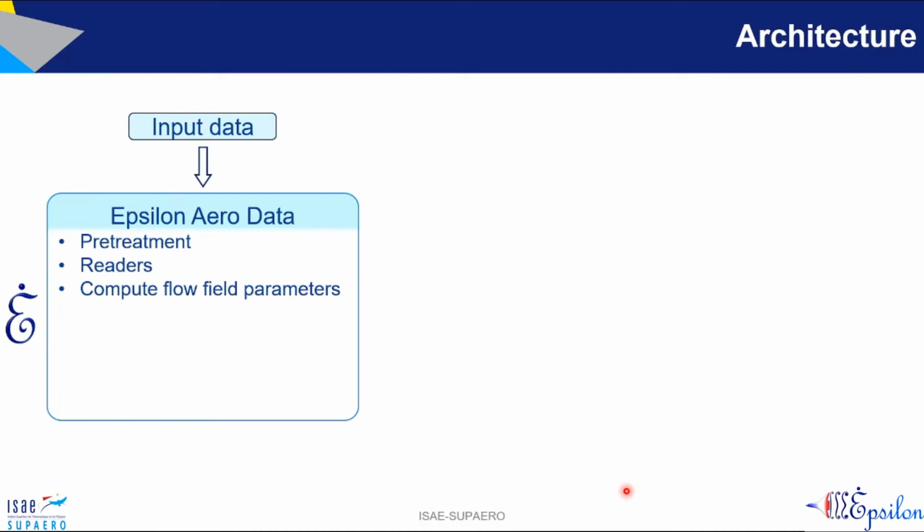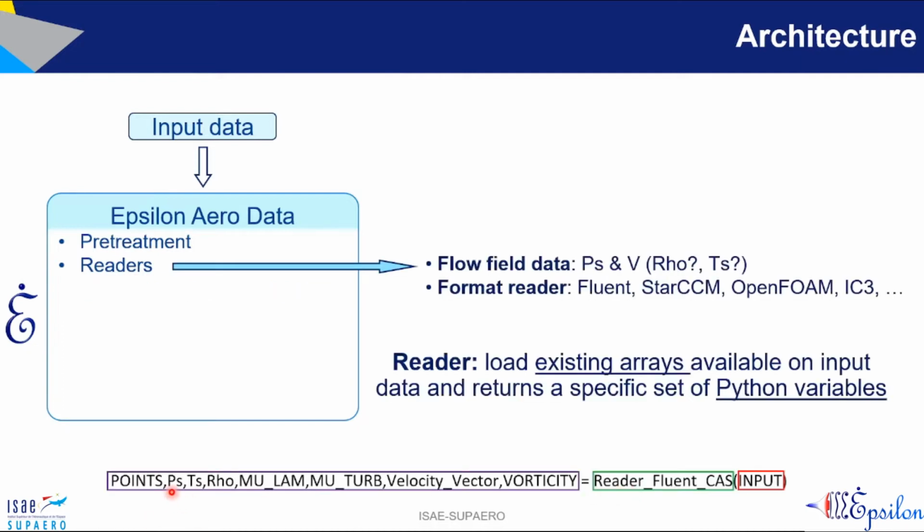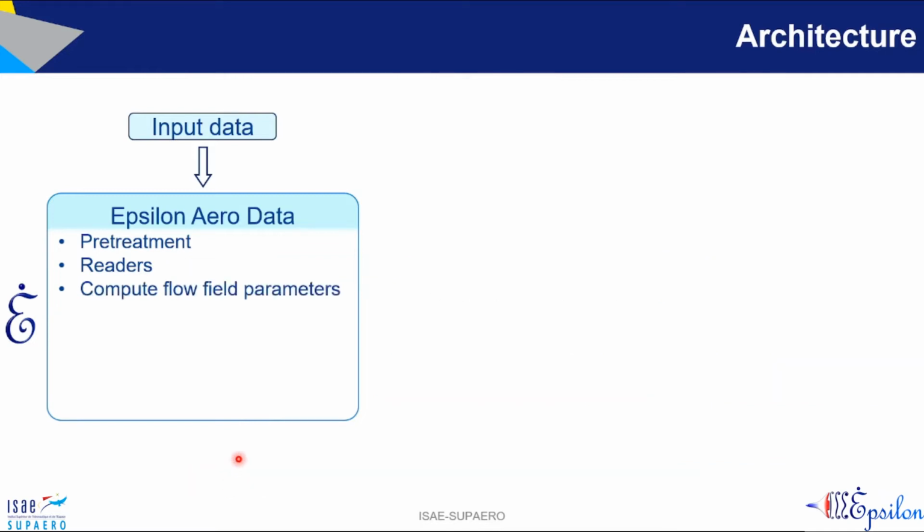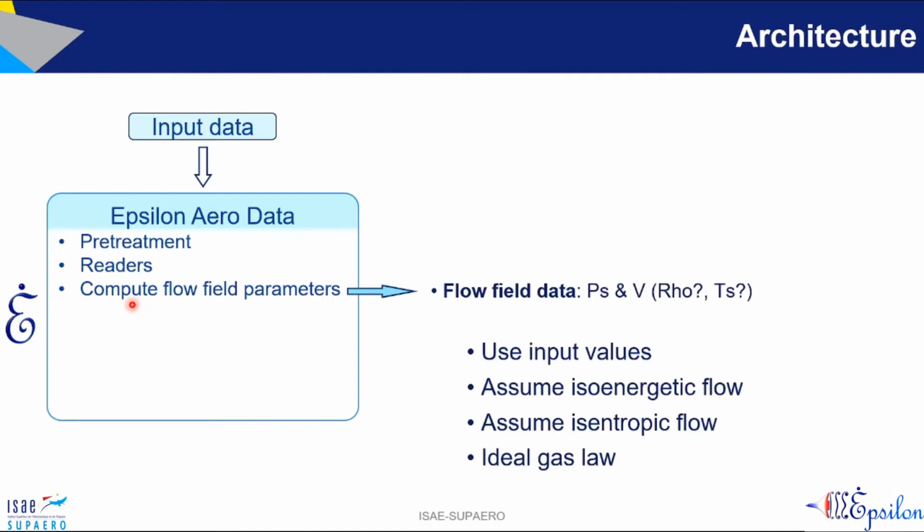Now that we have all these parameters, let's say pressure, temperature, and so on, these are Python variables, I can actually compute the remaining flow field parameters. Let's say one of the parameters is missing. For example, if you didn't activate the energy equation in Fluent, you will not have the static temperature.